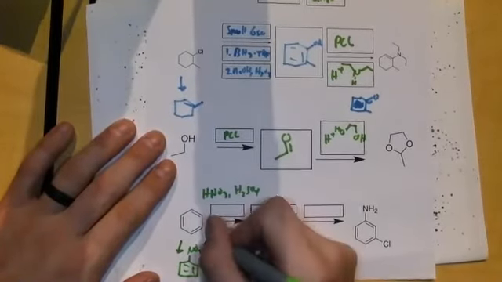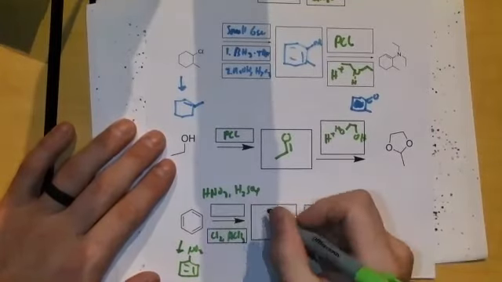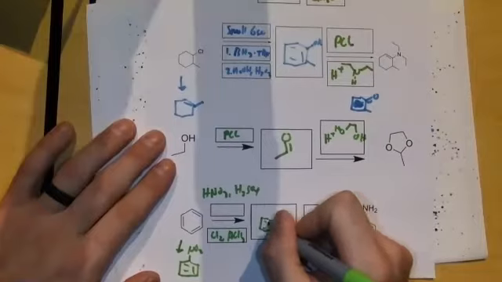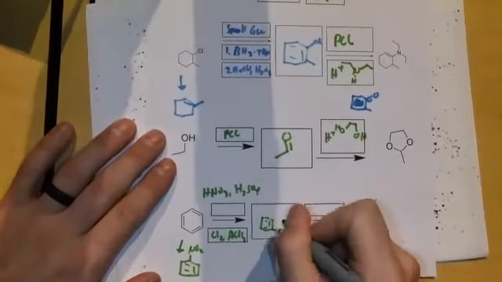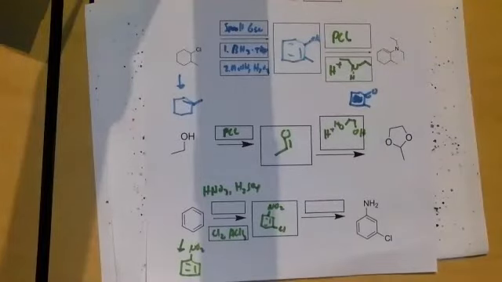From this point, throwing in our Cl2, AlCl3 gives us the chlorinated version of this nitro, and then we just need to reduce it to an amine.